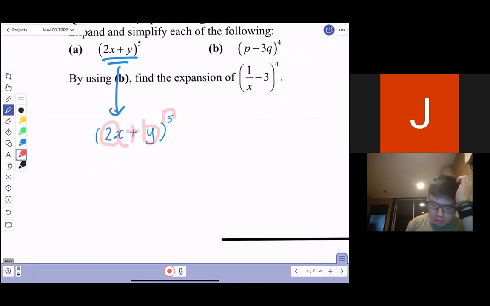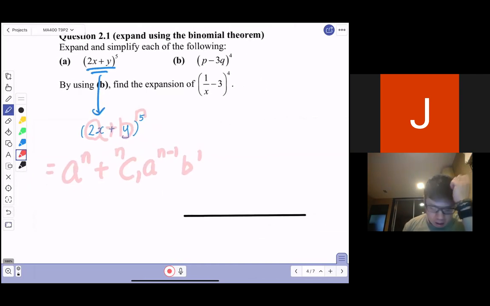The formula is a power n plus n choose 1, a to the power of n minus 1, b power 1. I'll just show the first terms now. N choose 2, a to the power of n minus 2, b power 2, and so on. So what is a?